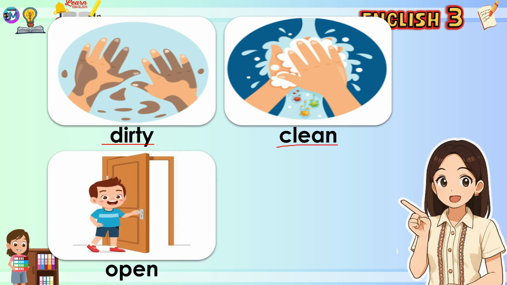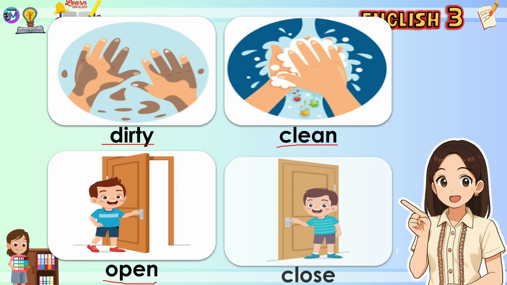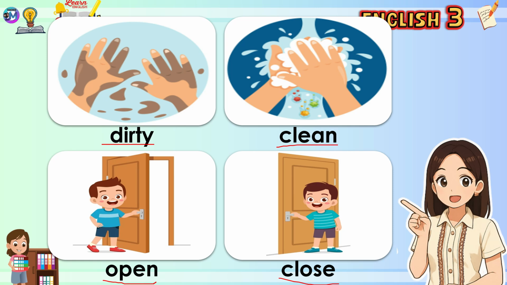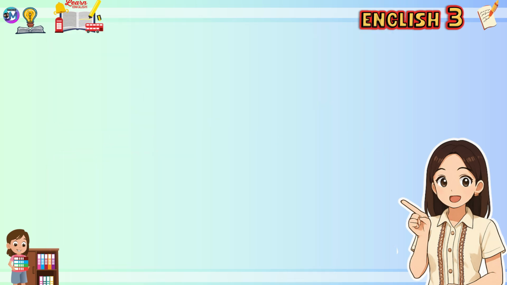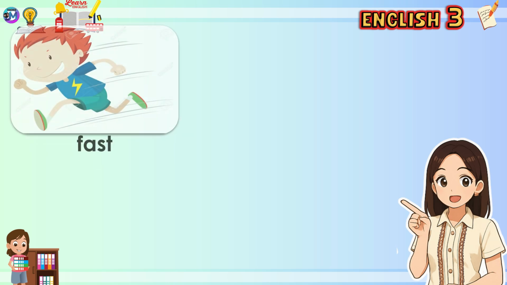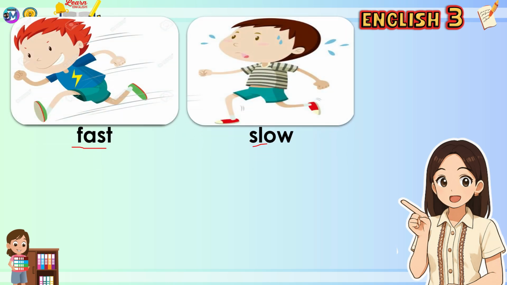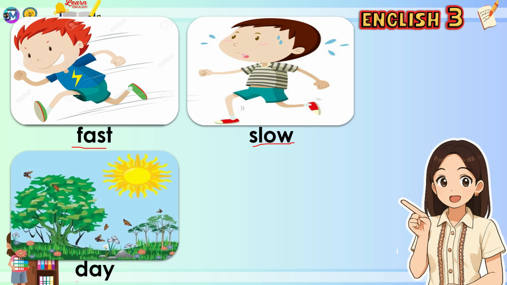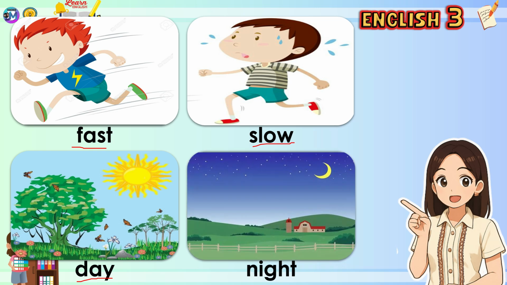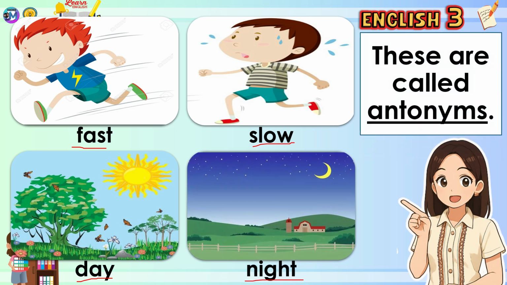Another, open, close. Next, we have fast, slow. And the last, day, night. This pair of words are called antonyms because they have opposite meanings.